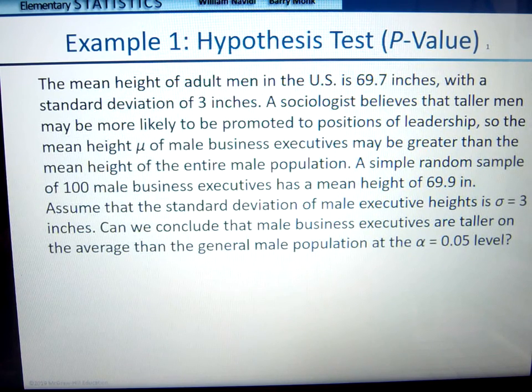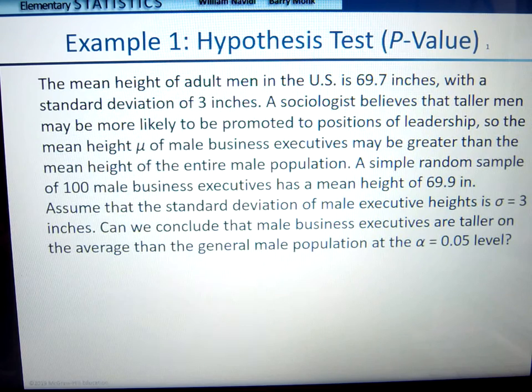A simple random sample of 100 male business executives has a mean height of 69.9 inches. Assume that the standard deviation of male executive heights is 3. Can we conclude that male business executives are taller than the average general male population at the alpha equals 0.05 level?